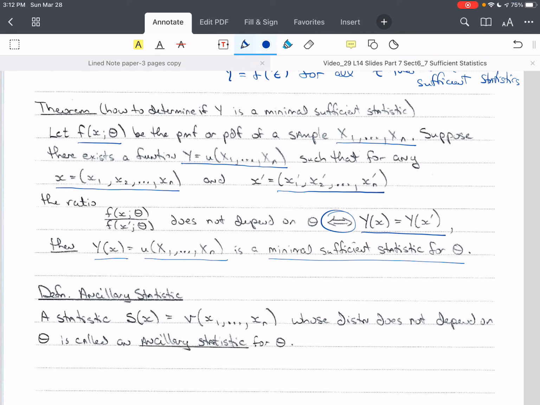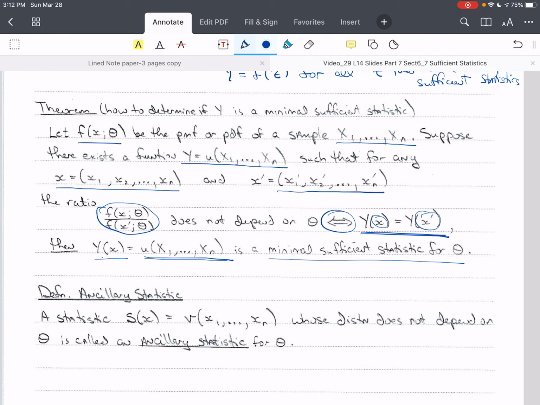But the ratio here has to be independent of theta if and only if the statistic on sample x is the same value as on x prime. That's the only way that can happen. If that's true, then u of x1 to xn is a minimal sufficient statistic for theta. All right. So I know it's a little hard to get your mind around if you haven't seen this before.